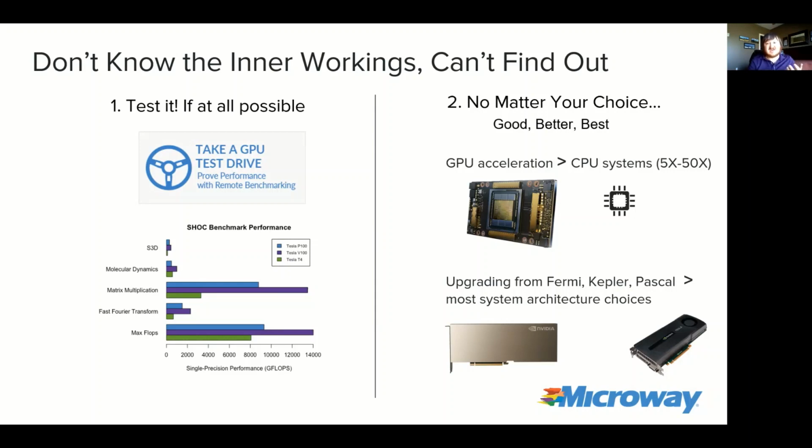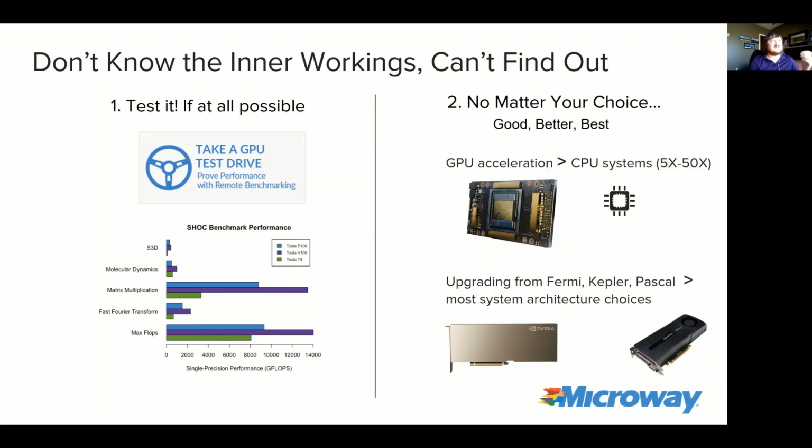Then the second is, think about this as, you can't go wrong in some sense, right? If you're upgrading from an earlier generation GPU, or you're upgrading from a CPU-only workload, no matter what your choice of architecture, you're going to have a good, better, best compared to what you might have experienced in the past.